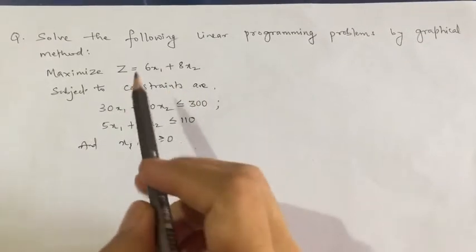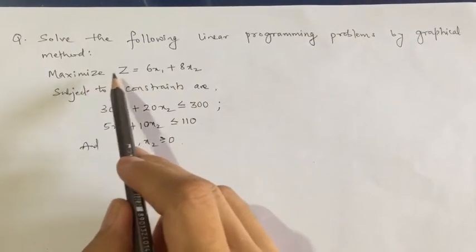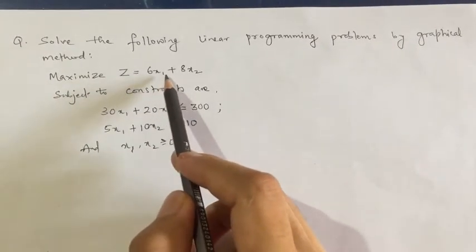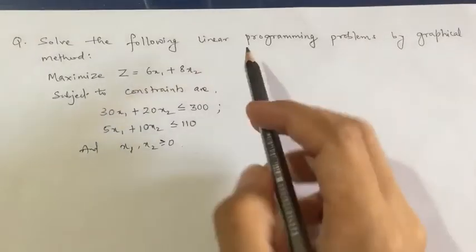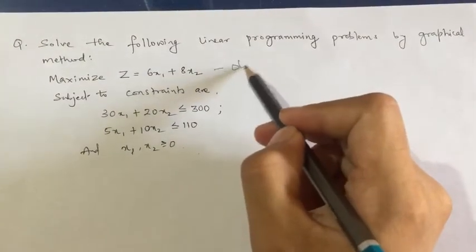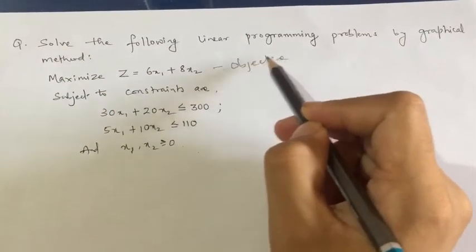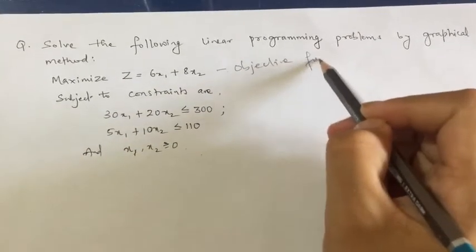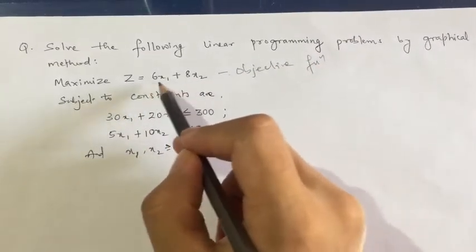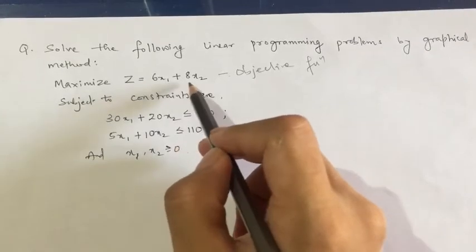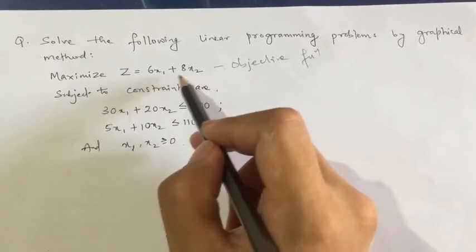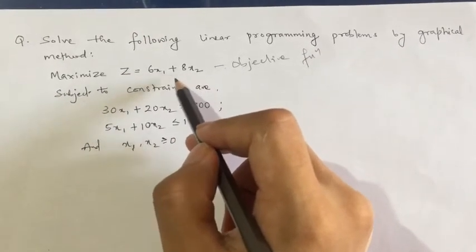Here in this problem, maximize z equals 6x1 plus 8x2 is called the objective function. We have to maximize it. It might be a profit problem, so we have to maximize the profit.